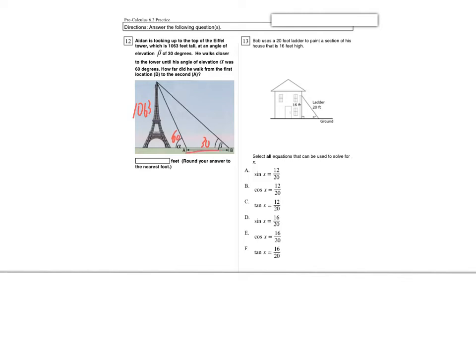So they're asking for this distance right here. So what I would do in this case is I would find some other distances here. I would find this one, I would call it y, and I actually need to find this big distance here, which I will call z. And then our eventual answer here is going to be z minus y. Actually, let me do that in red since it represents x. So x is going to equal whatever we get for z minus whatever we get for y.